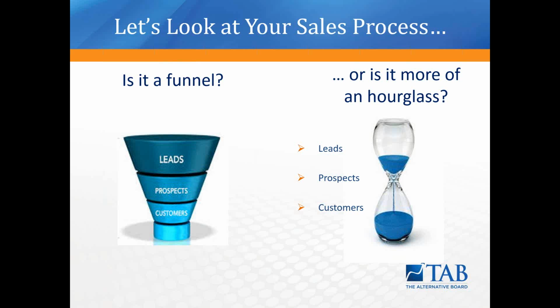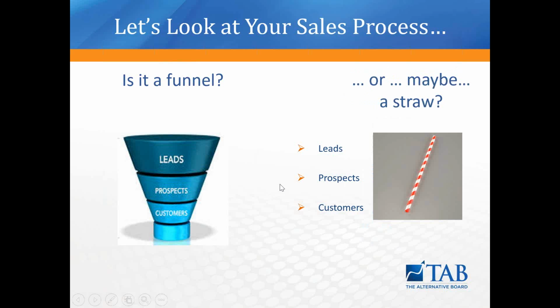Or is it more of an hourglass where once you've bottled up the potential to get more customers, you're limited by the capacity of that bottle or that funnel, that bottleneck in the hourglass, or in fact it may turn into more of a straw, that you are limited by your capacity to get people through the funnel.